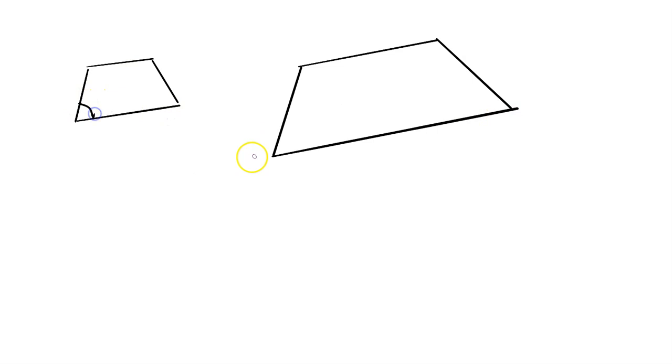So this angle corresponds to that one, if this is the same as that, and that holds for all the angles, and that all the edges, the distances of the edges, are all proportional with the same proportionality constant. So for example, this is 2, this is 4, and this is 1.5, and this is 3. If all distances are proportional, here with the factor of 2, then we have two similar polygons.